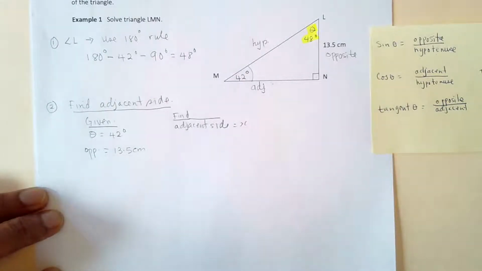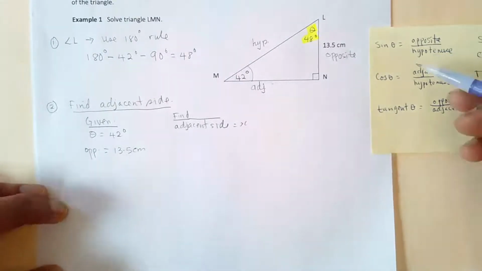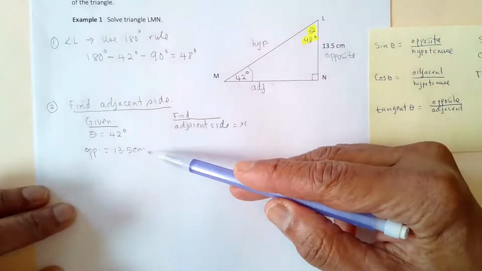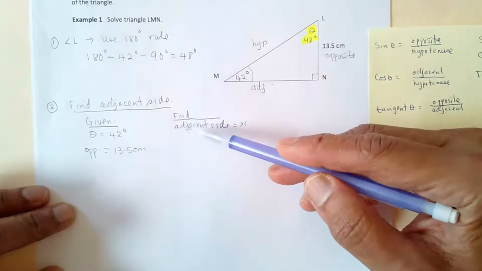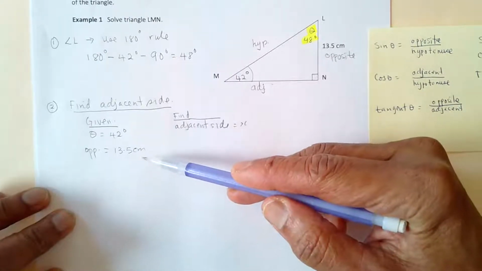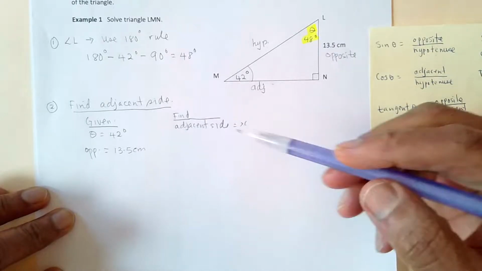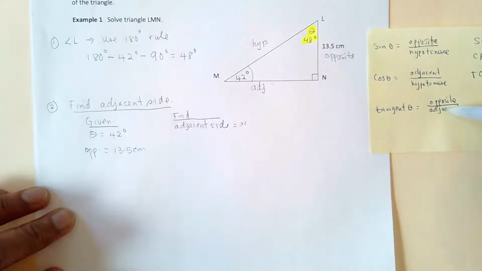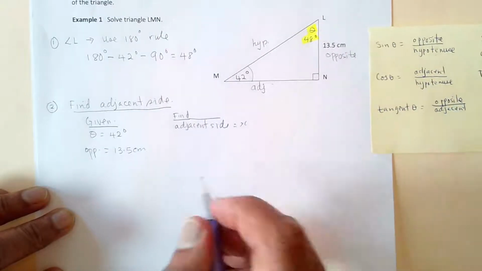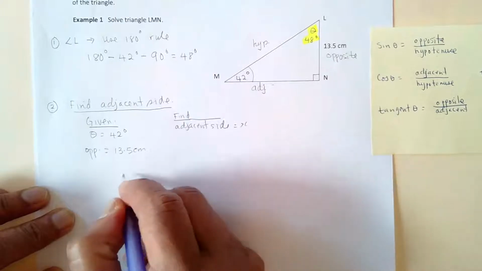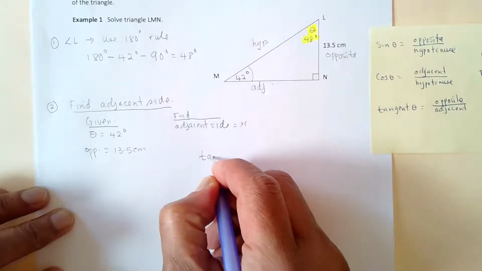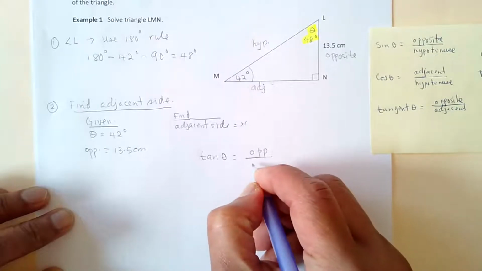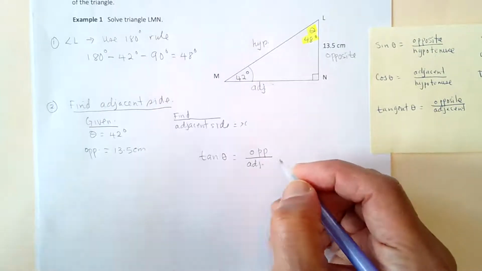So we go to our trig ratios. Here we are. And we have the opposite. We're trying to find a match. We need to find the adjacent side, and we're given the opposite. So where do we have opposite and adjacent? We have tangent. So we'll use the tangent ratio. So the tangent is opposite over adjacent.